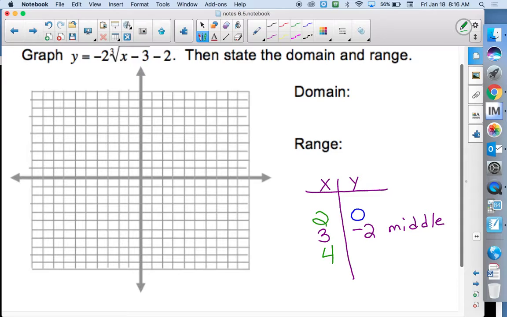And Gavin, that number would become, so negative 2 times the cube root of 1 is negative 2. Negative 2 minus 2 is negative 4. So we have a point at 2, 0. 3, negative 2. And 4, negative 4.